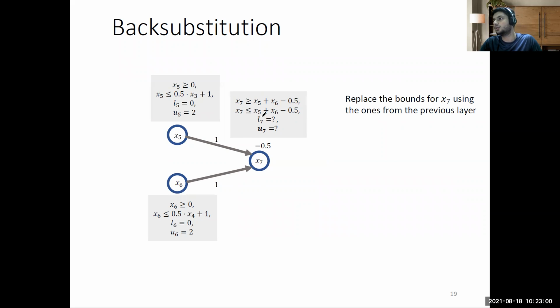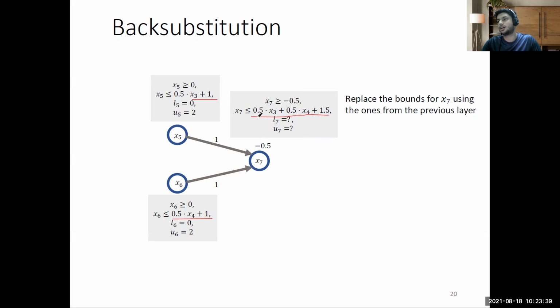To find the bounds on x7, I want to substitute the bounds of x5 and x6, but I got the bounds of x5 and x6 through the ReLU transformations, and I lost some precision in that process. So what I will do is not use x5 and x6, but rather substitute x5 as 0.5 times x3 plus x1 and x6 as 0.5 times x4 plus x1 here.